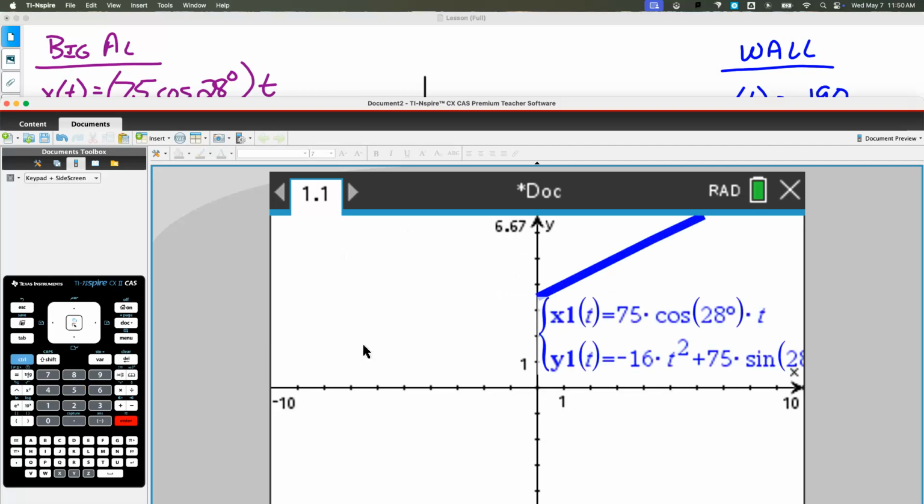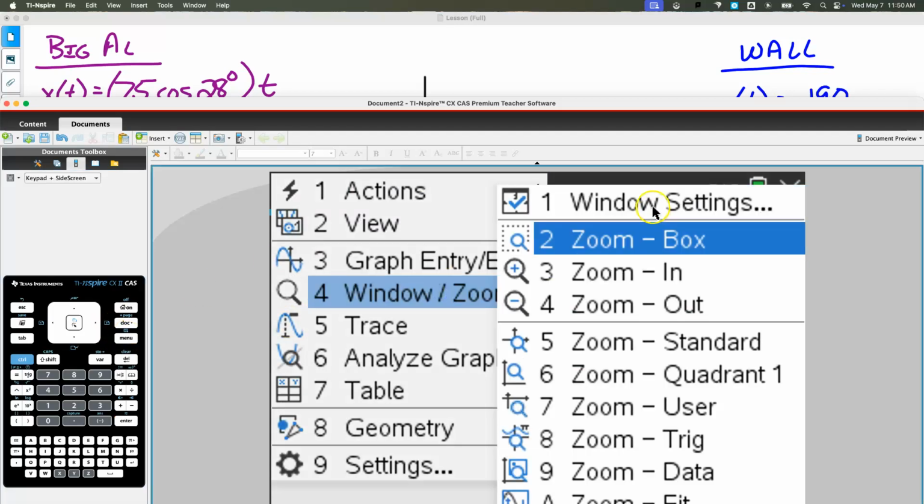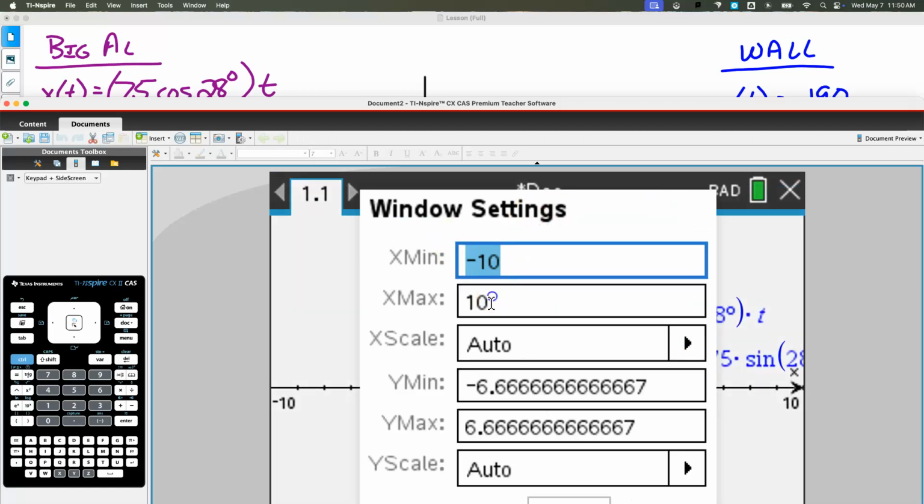Okay, so there is mine. We're going to need to definitely change our window. X's, we need to go out to at least 200. Well, it's 190 away, so we got to go out to 200.